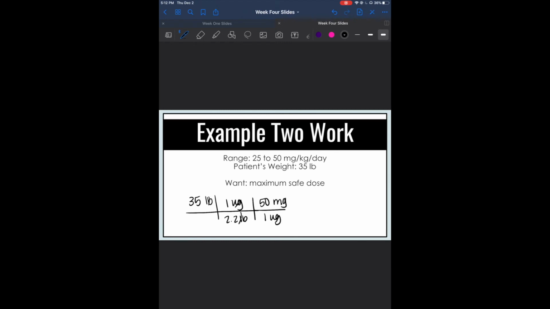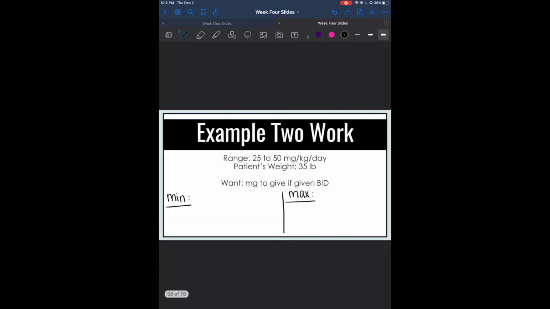Everything's crossed out, so now we can multiply across the top and bottom. So we end up with a maximum safe dose of 795.5 milligrams a day.